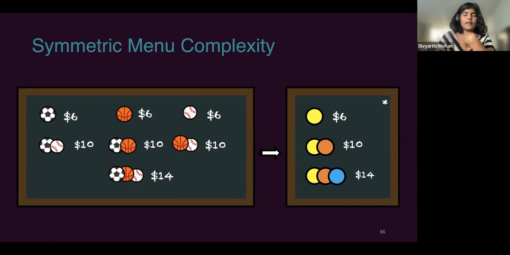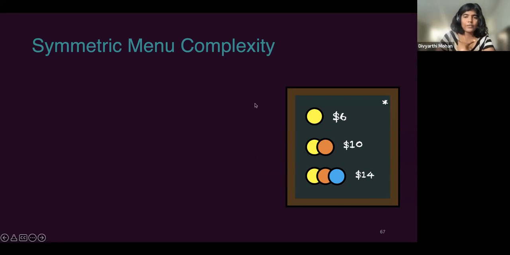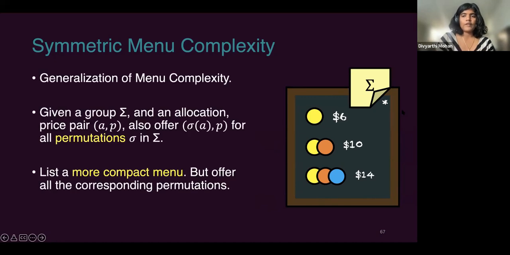And so in a symmetric menu, along with the options, the allocation and price, we are also given a permutation group sigma. So when we are offering an allocation A at price P, we are also implicitly giving the options of the permuted allocations at the same price P. Okay, so that is the symmetric menu.